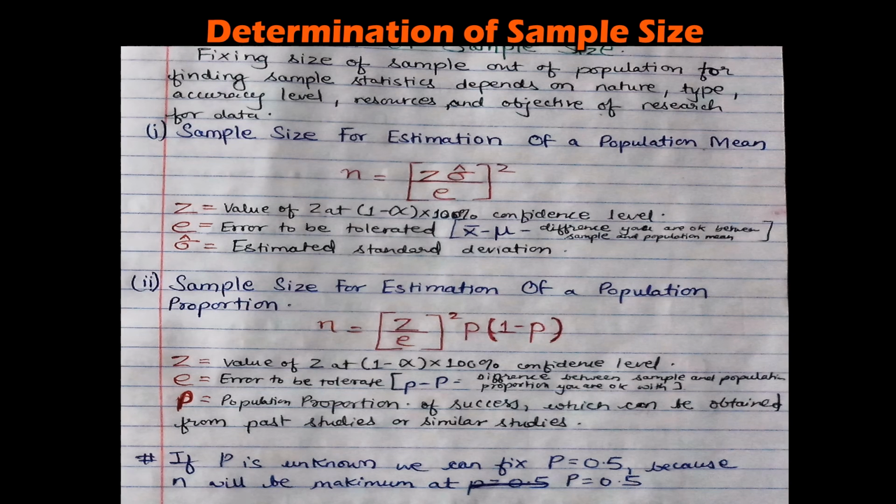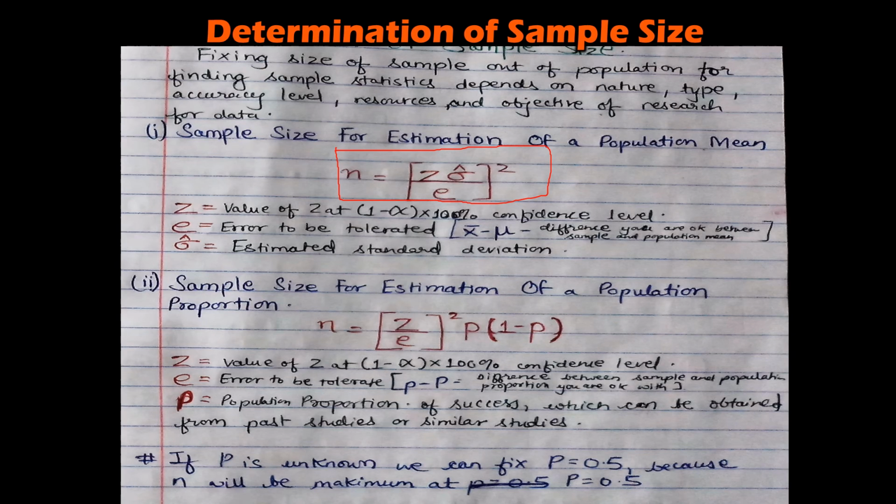Fixing the size of a sample out of a population for finding sample statistics depends on nature, type, accuracy level, resources, and objective of research for data. So the sample size for estimation of a population mean is given by this formula, where z is equal to the value of z at (1 minus alpha) into 100% confidence level.